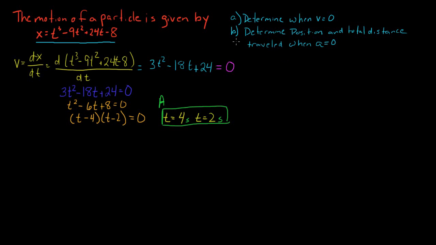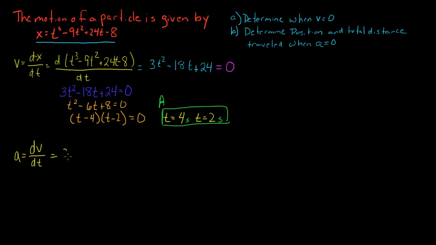Part B wants us to determine the position and total distance traveled when a equals 0. So we know that this is an equation for velocity, and the acceleration is the derivative of velocity with respect to time.